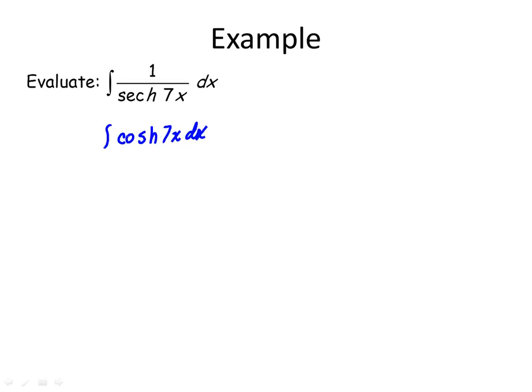Can you find the antiderivative of hyperbolic cosine 7x? Yes. What is u going to be? What is du going to be? For those you can.